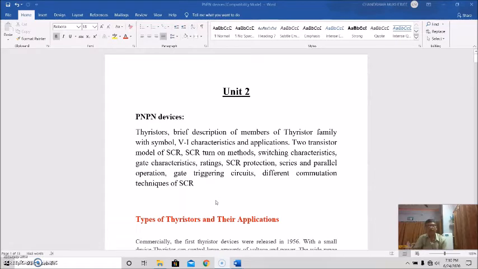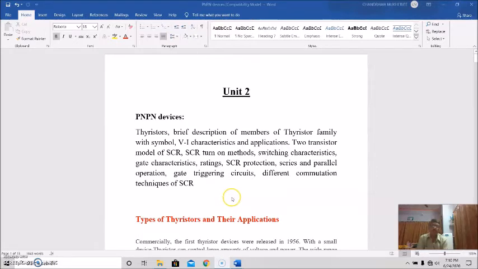We have also talked about SCR protections, how the snubber circuit is used for dv/dt protection, and other protection schemes. Then we have talked about different commutation techniques, that is, turn-off methodology of the SCR.